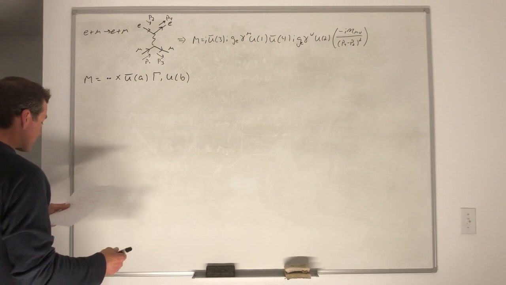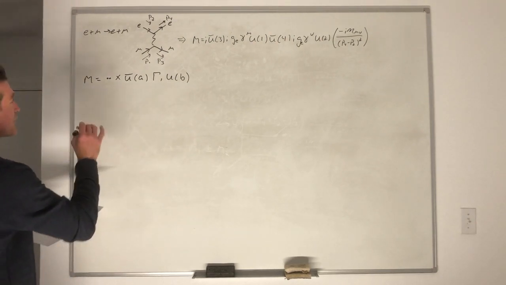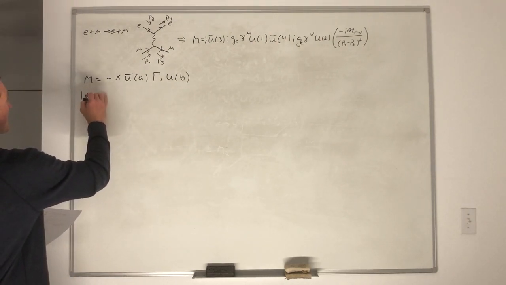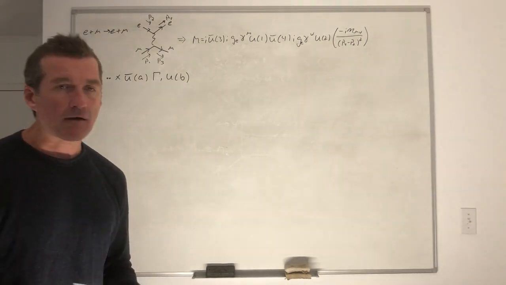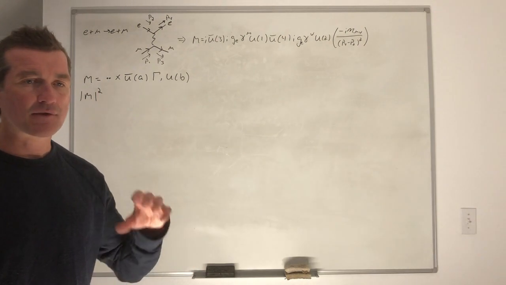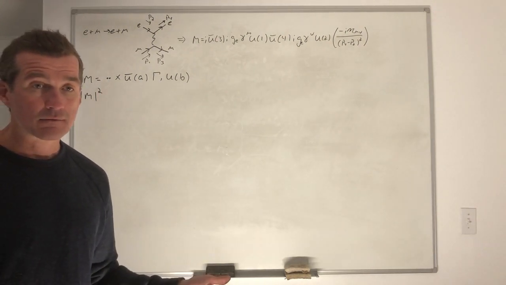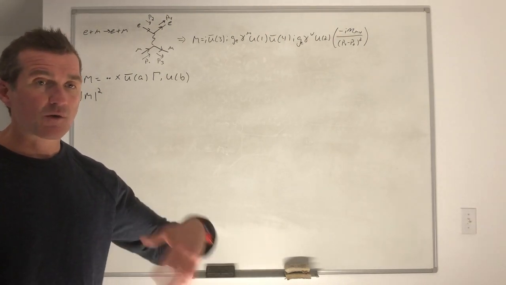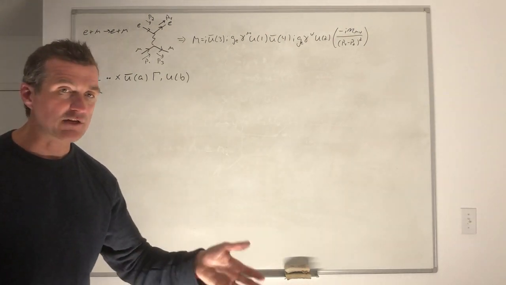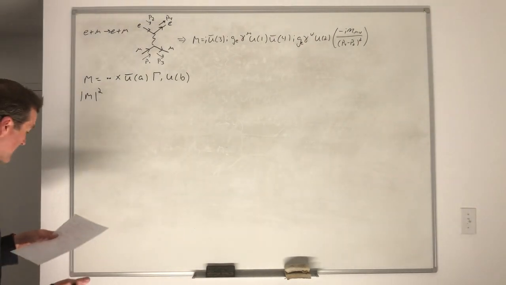And now we're going to consider how this contributes to what we actually need for the calculation, which is not just M, but rather the magnitude of M squared. Because going through the magnitude of M squared is going to allow us to do the averaging using some of those expressions I gave you last time.